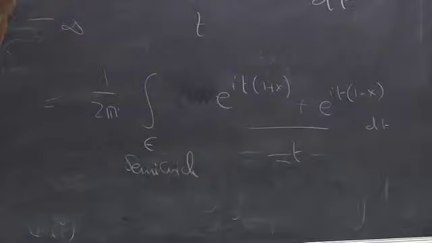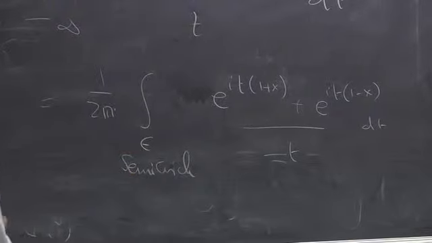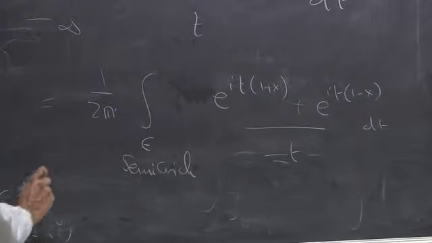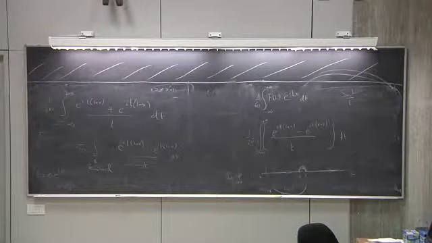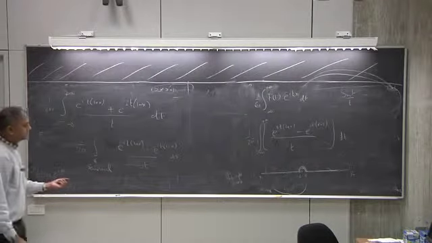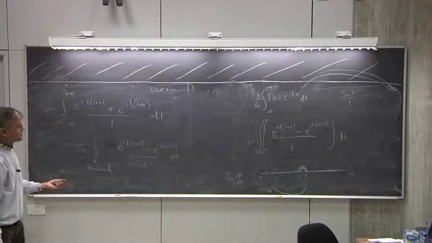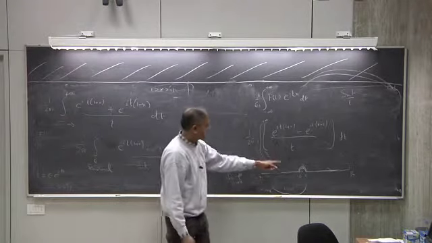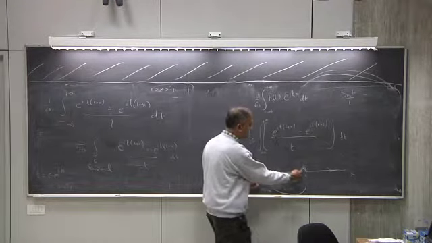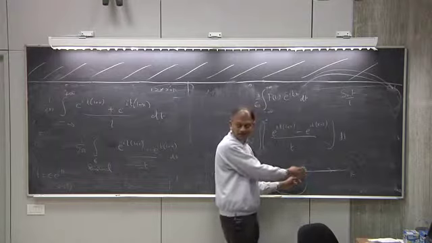Okay. But in that semicircle, t is epsilon times e to the i theta, right? Where theta goes from 0 to pi. As I said, this integral plus that integral is minus of that integral.